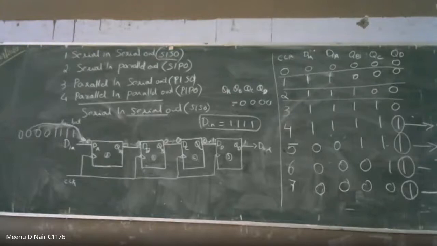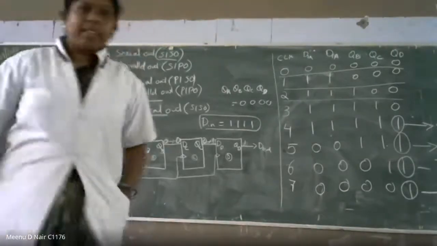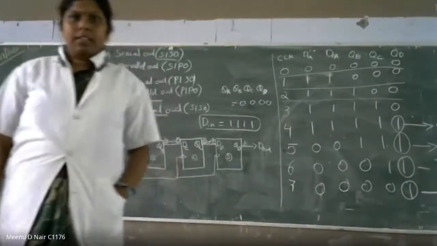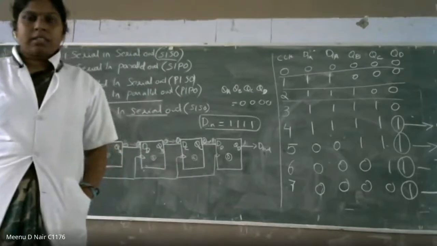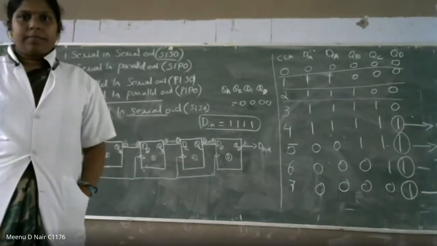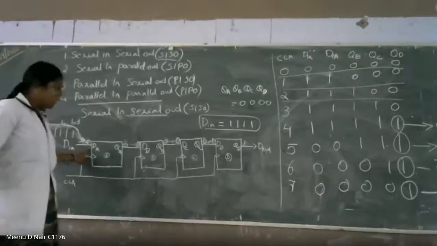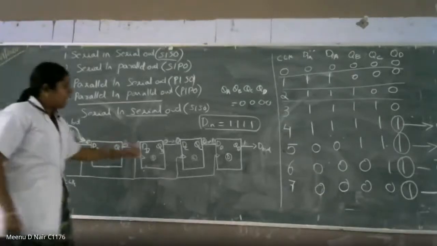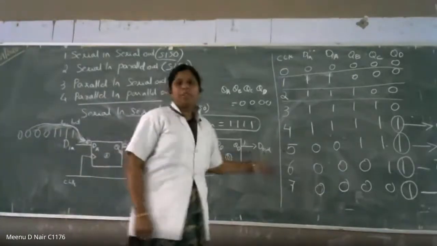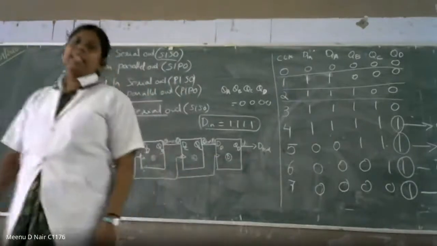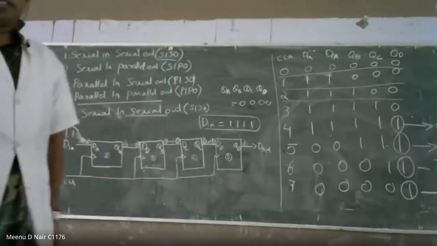Okay, is that clear? Is the serial in, serial out condition clear? Because you are giving input serially, one bit at a time, and you are extracting the output also one bit at a time. That is serial in, serial out. Is that okay?